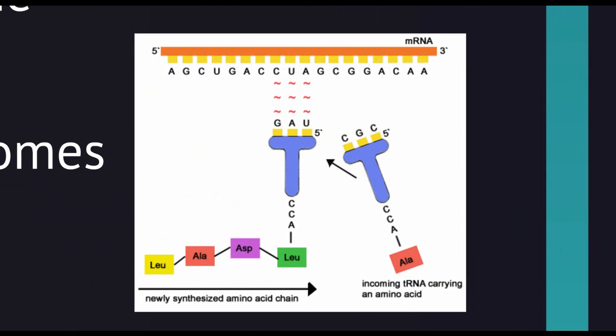So I want to show you in a little more detail how the messenger RNA and the tRNAs might work together, the transfer RNAs. A codon is a three-letter code on the messenger RNA. So here we have a piece of messenger RNA, and it's got this long sugar phosphate with different nitrogen bases hanging off. It's single-stranded and it has U's in it, so we know that it's RNA. And a codon, again, is just three of these nitrogen bases.